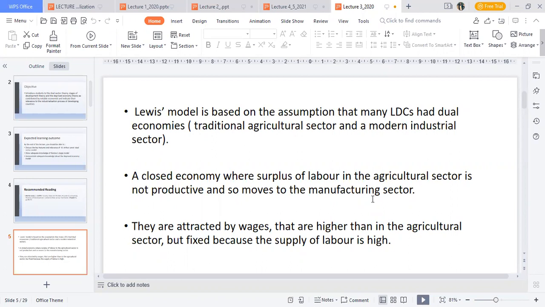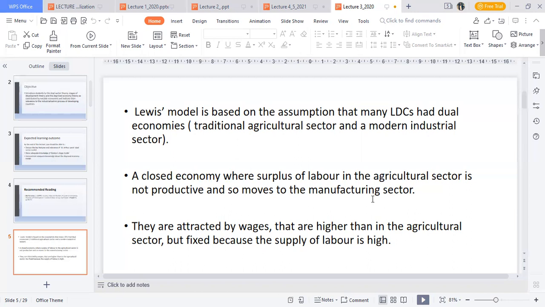Let's say we have two towns, Accra and Lagos. Let's say those in UPSA are from the village, and that village is classified as a traditional agricultural sector.